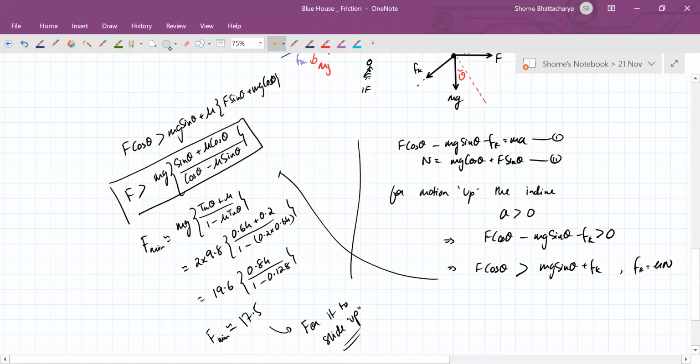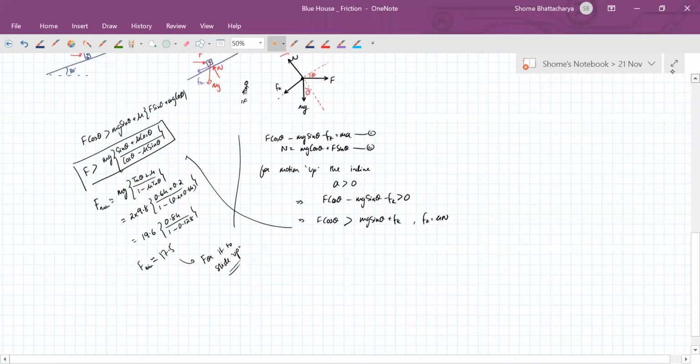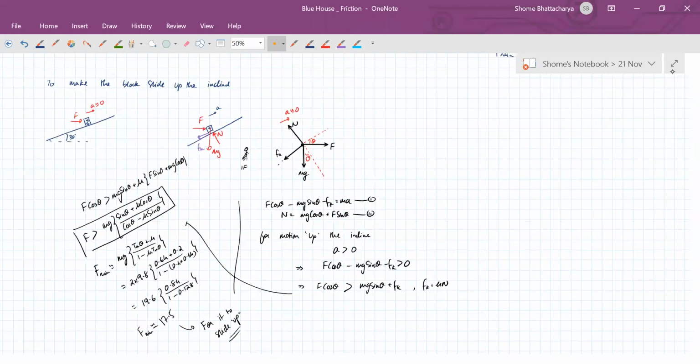Yeah, so thanks for pointing that out, Samant, because I had taken the language of the question wrong earlier. Okay. The condition is different. We wanted it to slide up the incline, not down the incline.